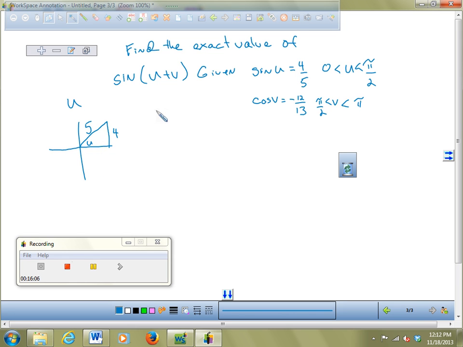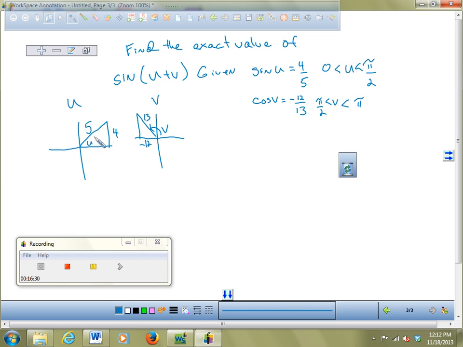Then I draw a picture for v. This is how you have to do it to help you think about it. Which quadrant am I in here? Second quadrant, because v is between pi over 2 and pi. Then you call this side negative 12, and you call the hypotenuse 13. So this angle right there is v, the angle from here to the terminal side of the ray.